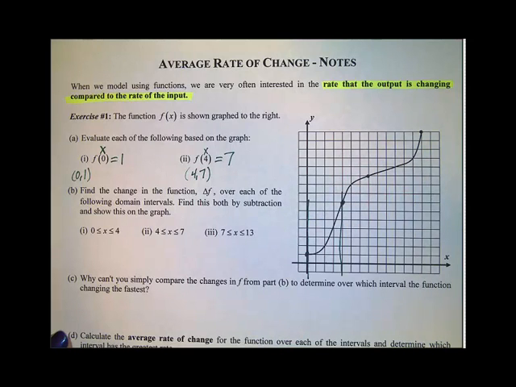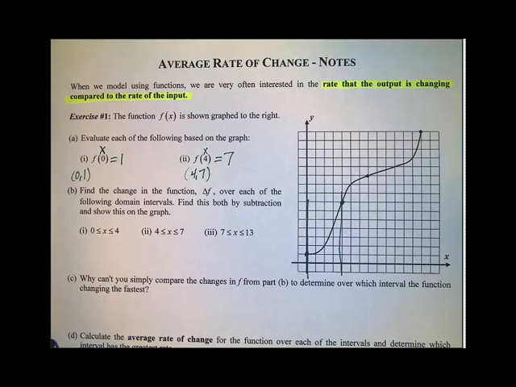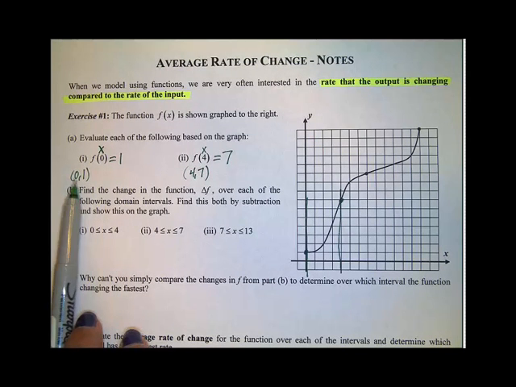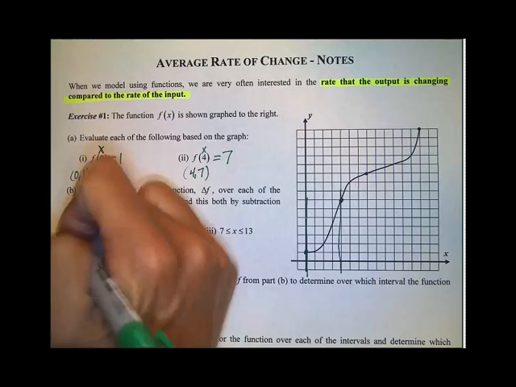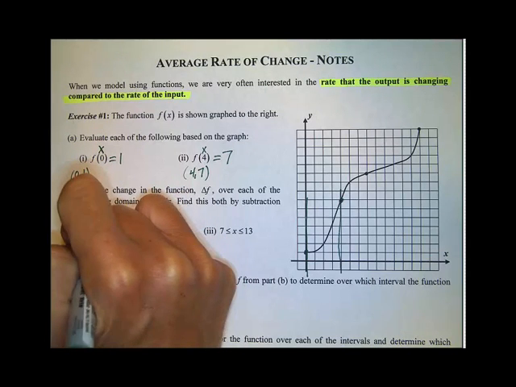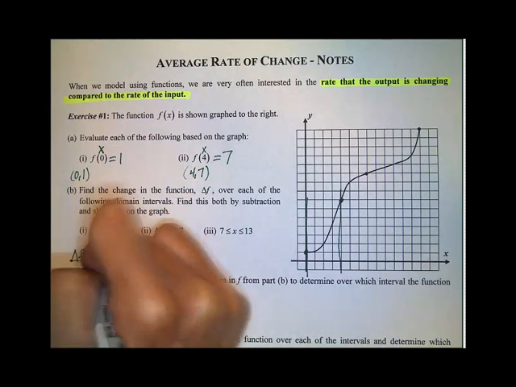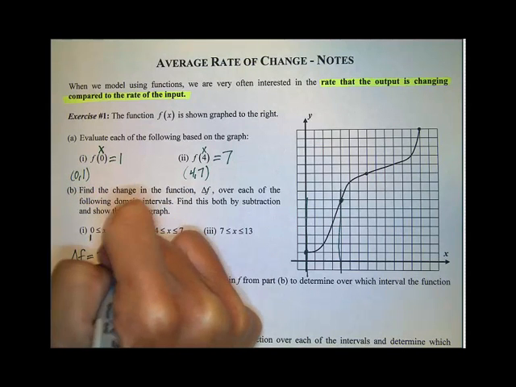Subtraction: basically, we are finding the difference in the y values. We already did 0 and 4. So f of 0 is 1, and f of 4 is 7. So the change in f is 7 minus 1, which is 6.